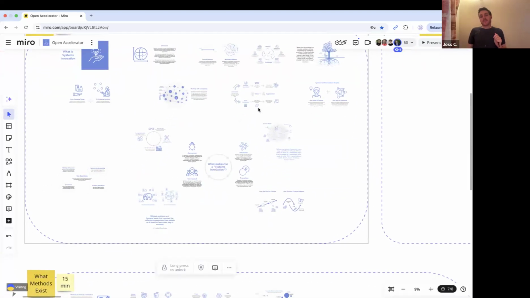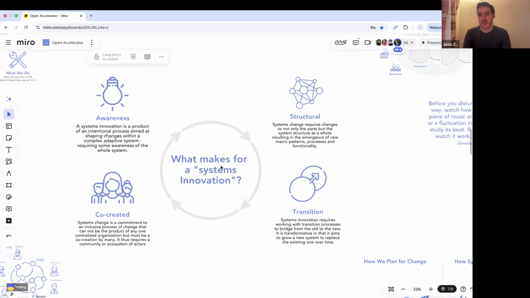But just to say, what are key aspects of systems innovation? I've put some of them up here. They were part of that conversation. It's going to take new awareness, new understanding of the system, of complex systems, from which we can start to innovate.